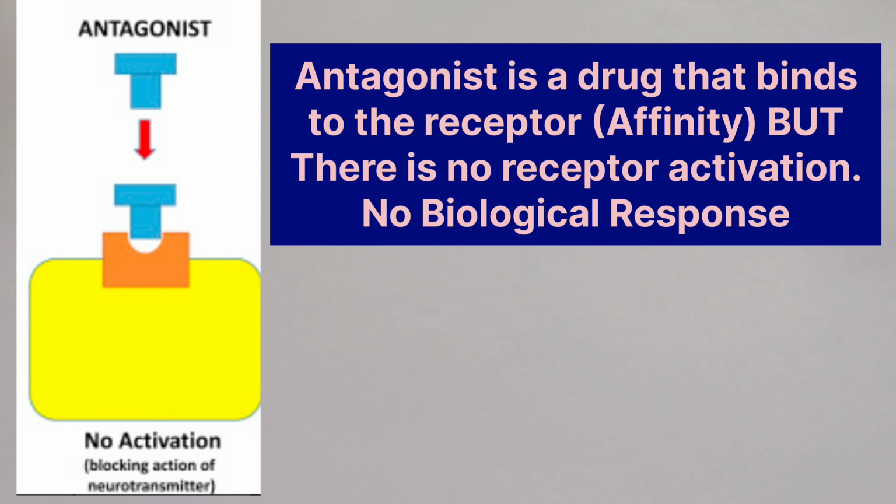Next, what is an antagonist? An antagonist is a molecule or chemical compound that can bind to a receptor, that is, it has affinity but is unable to activate the receptor, thus producing no biological response. So the efficacy is 0 in case of an antagonist.